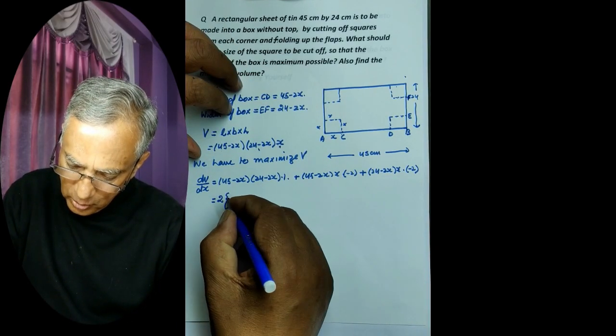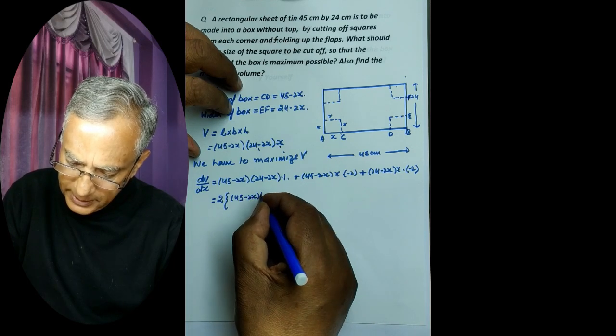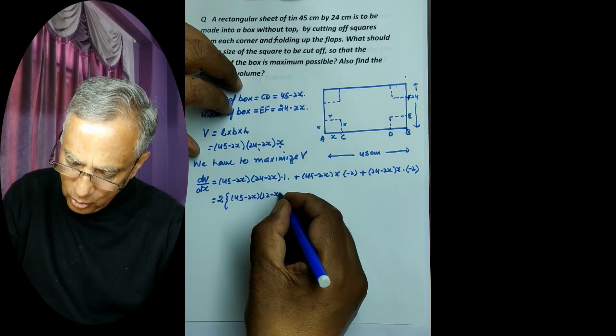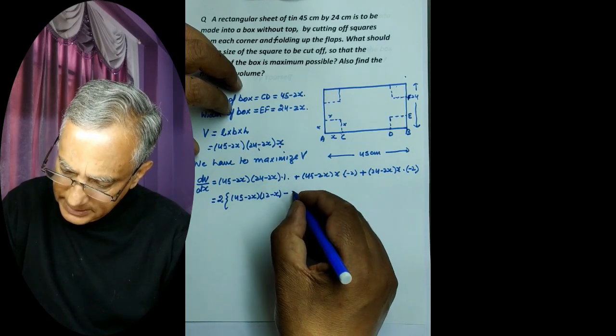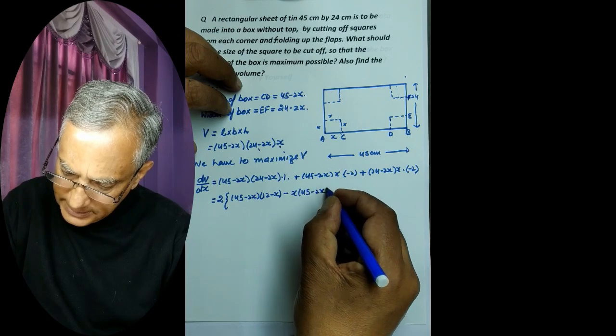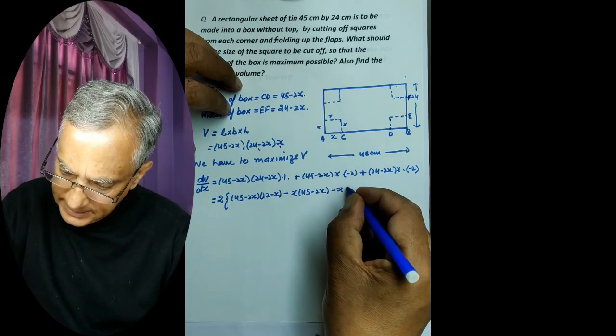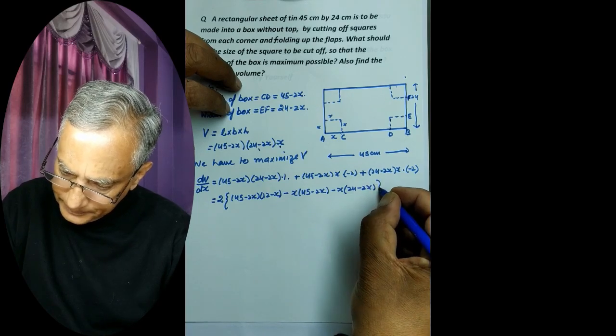2 is common. And we are left with 45 minus 2x into 12 minus 2x, minus x into 45 minus 2x, minus x into 24 minus 2x.